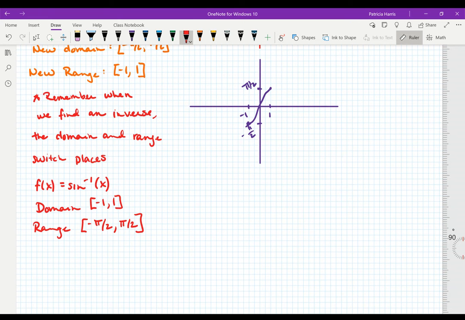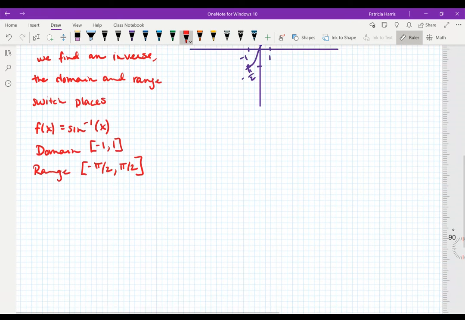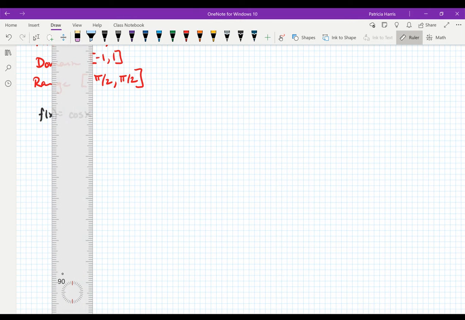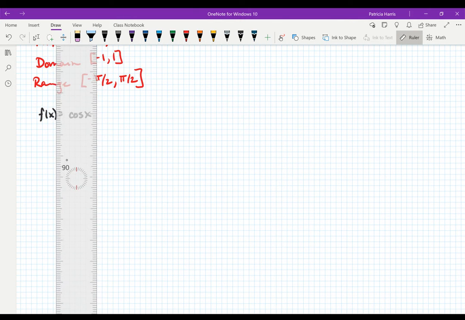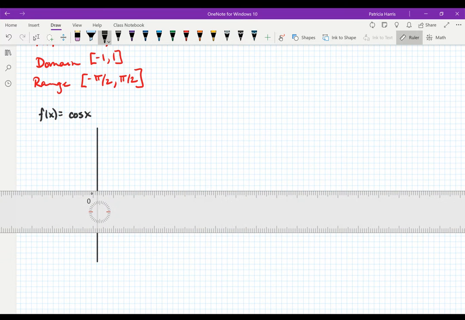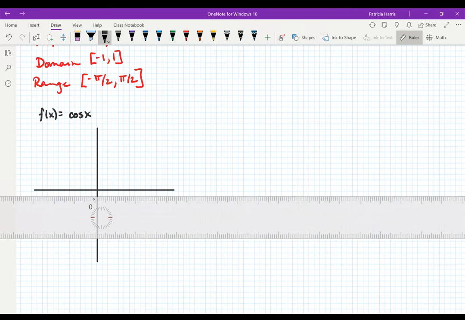Okay, so let's talk about cosine now. And again, if you look at a graph of cosine, you will notice that it is not 1 to 1.